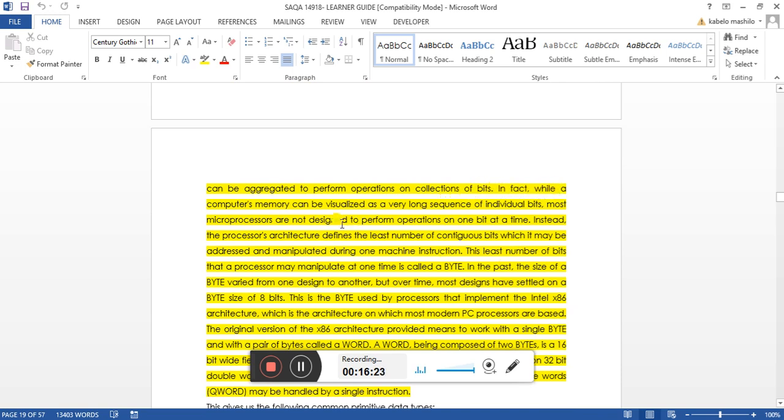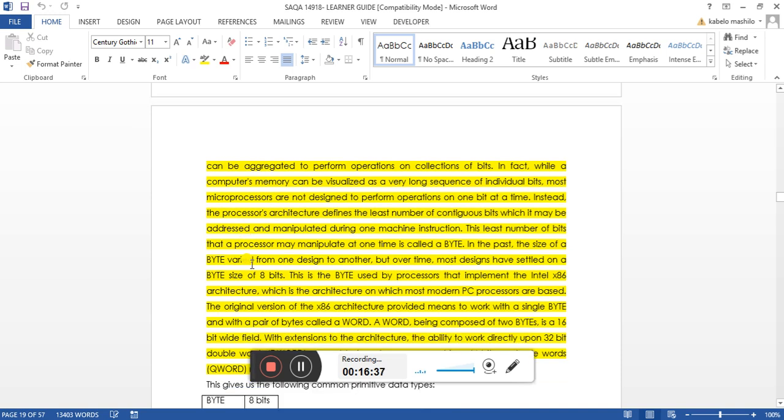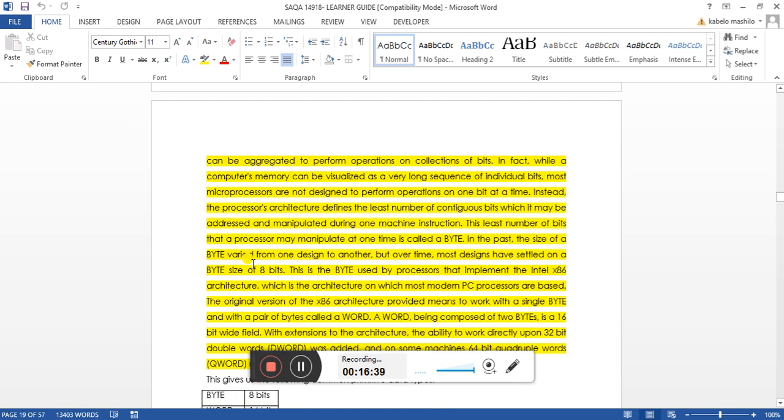In fact, while a computer's memory can be visualized as a very long sequence of individual bits, most microprocessors are not designed to perform operations on one bit at a time. Instead, the processor's architecture defines the least number of contiguous bits which may be addressed and manipulated during one machine instruction. This least number of bits that a processor may manipulate at one time is called a byte.